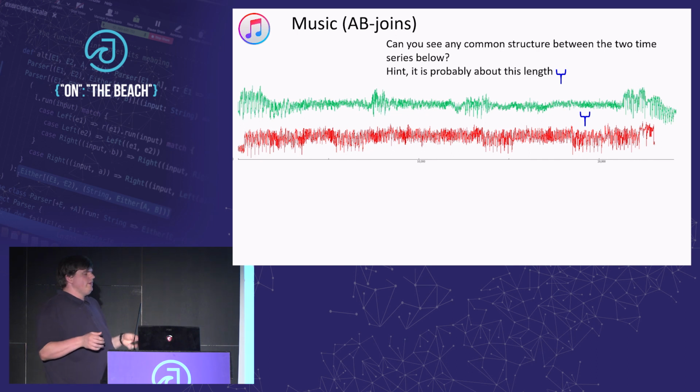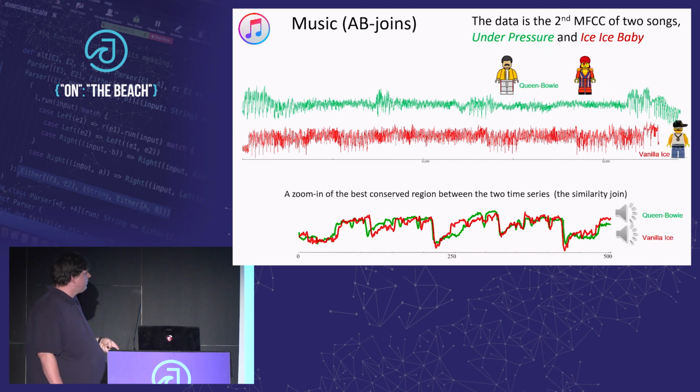You not only can do a self-similarity search, you can also do a similarity search across time series. For example, this is a song, and this is another song, and we're looking for a pattern about this length, which occurs somewhere in the data.